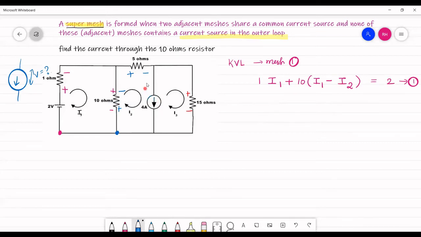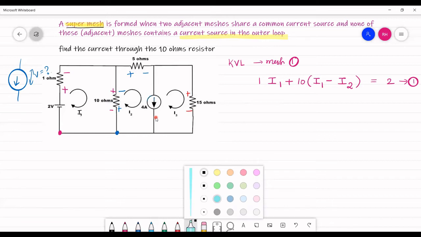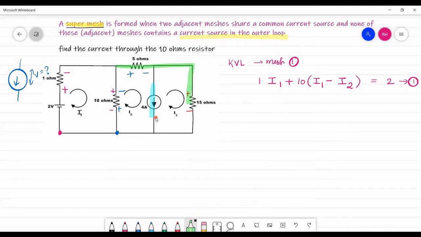In order to overcome that difficulty, this is the branch where I have a problem, the branch where I do not know the voltage. So I just omit this branch, and I form a supermesh by combining these two meshes.